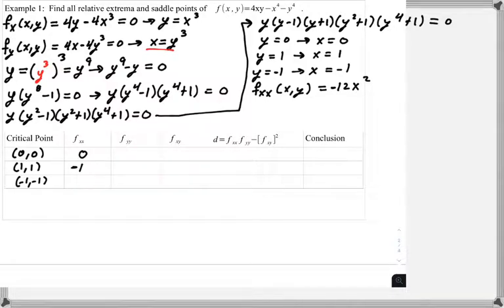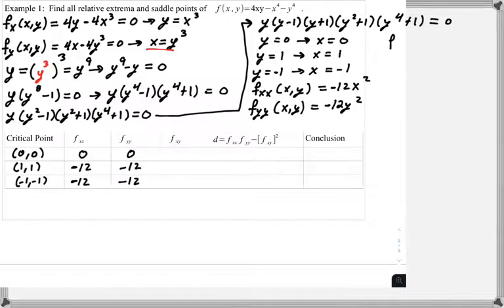If you evaluate it at 1, 1, that's going to be minus 12. Likewise, if you evaluate that at minus 1, minus 1, it's going to be minus 12. The second partial with respect to y is going to be negative 12y squared. And so it's essentially going to be the same thing: when we evaluate this at 0, 0, it's 0. Evaluate it at 1, 1, it's going to be minus 12. And evaluate it at minus 1, minus 1, it's going to be minus 12.